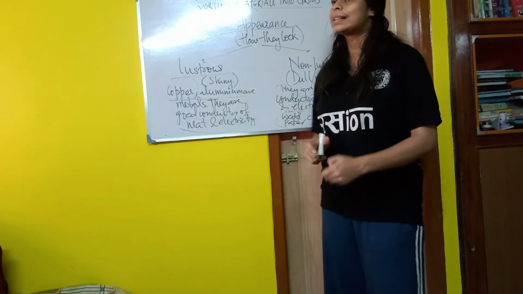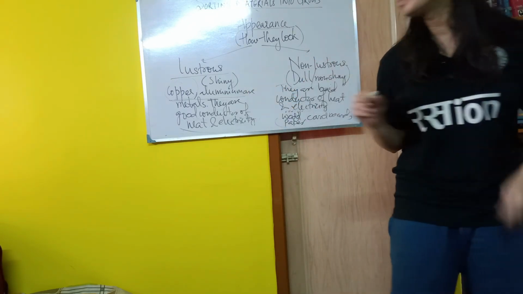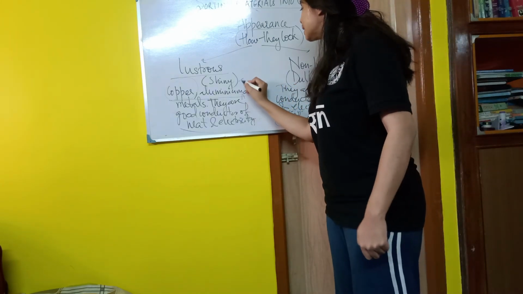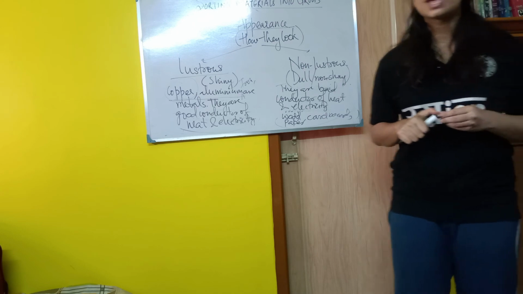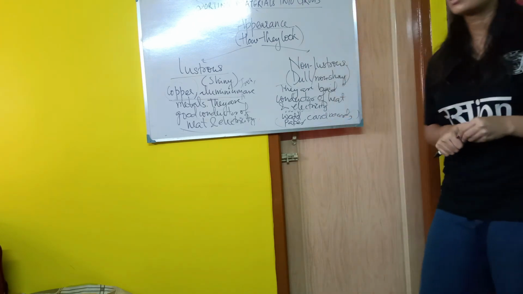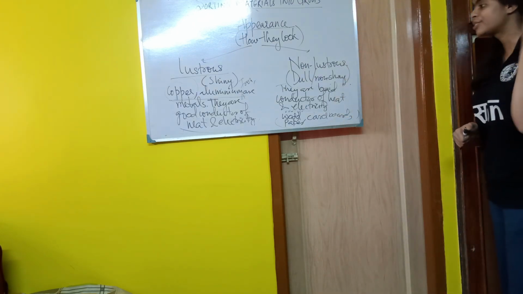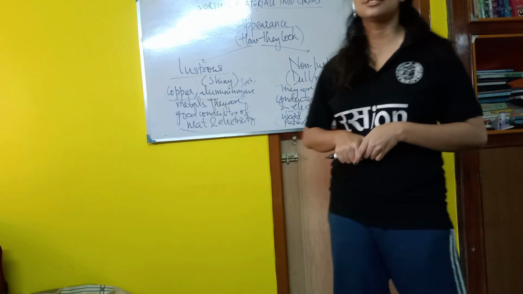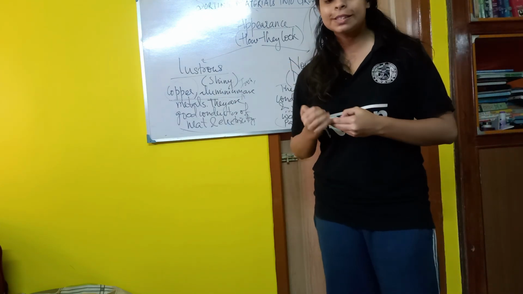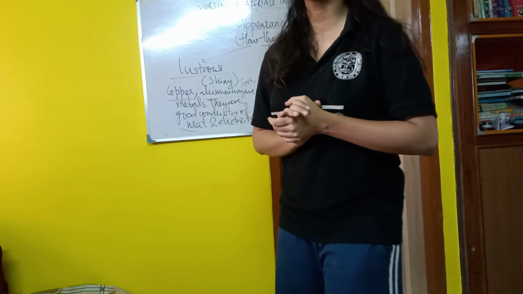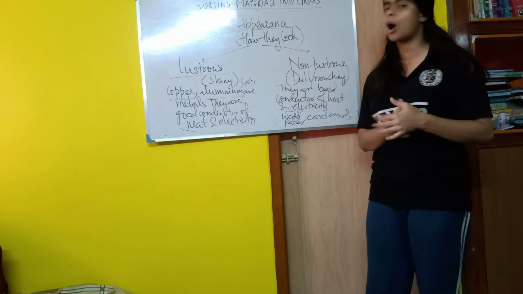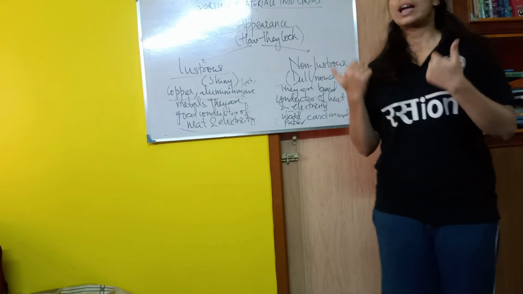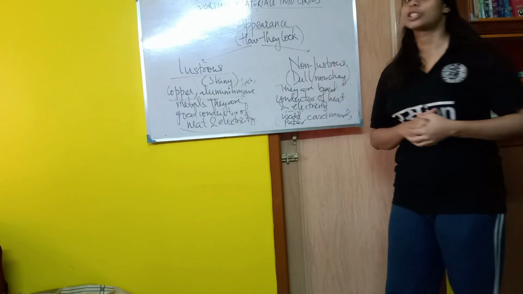Only metals like aluminium, copper, iron are the materials which help us to conduct or pass electricity or heat through them. So we have discussed that with the help of appearance we can group the materials as lustrous and non-lustrous, that is, whether it is shiny or not shiny.